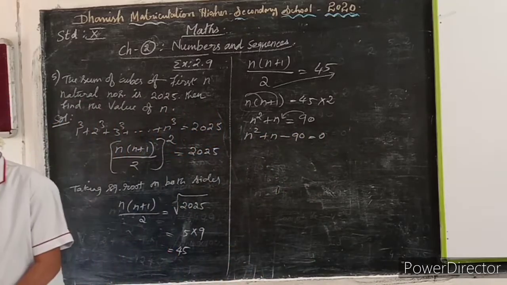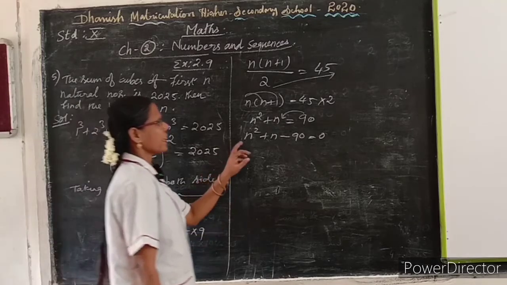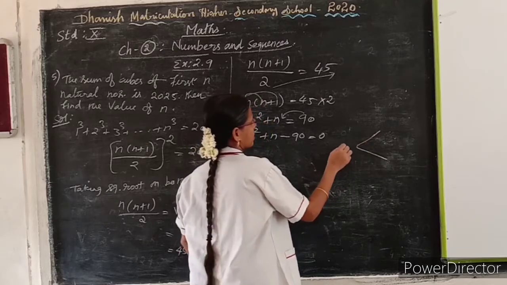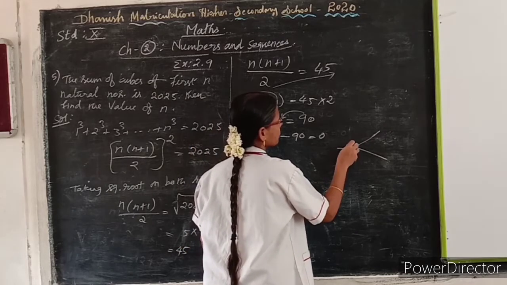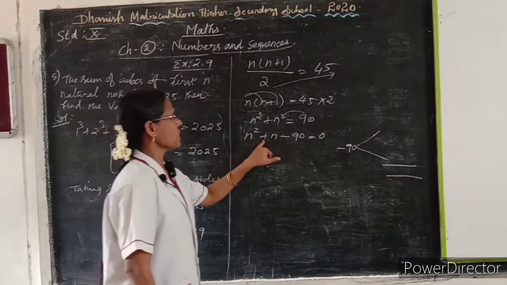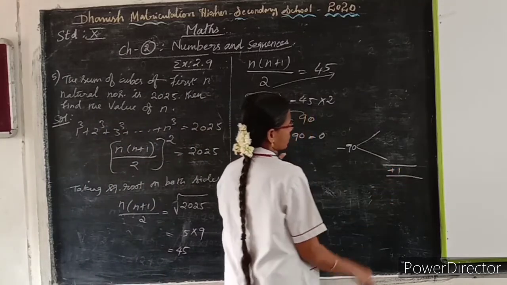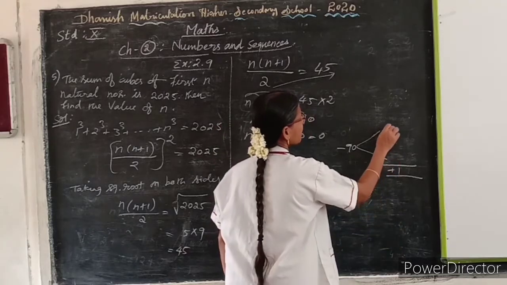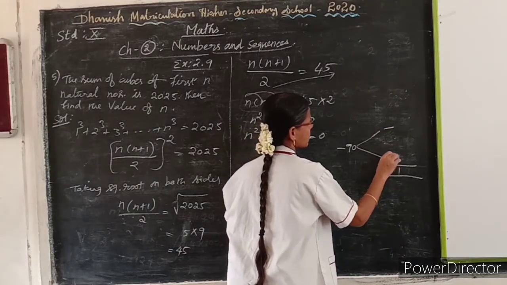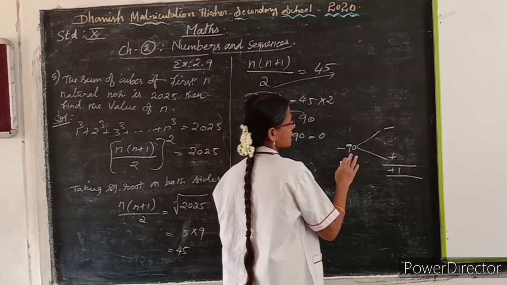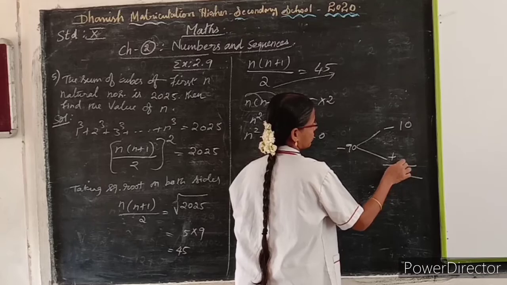This is one quadratic equation in terms of n. Factorization: minus 90. Here the coefficient of n is plus 1, so the bigger number takes plus and the smaller number takes minus. What are the multiplicative factors? 10 nines are 90.